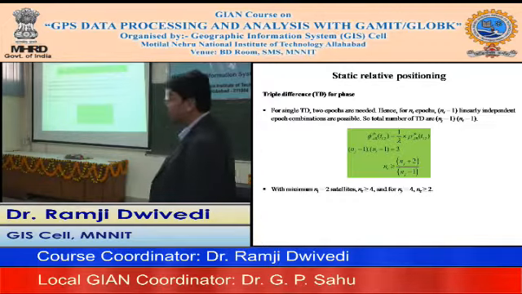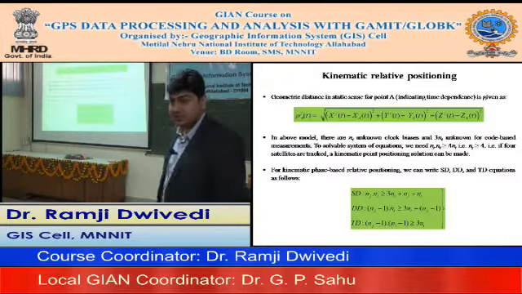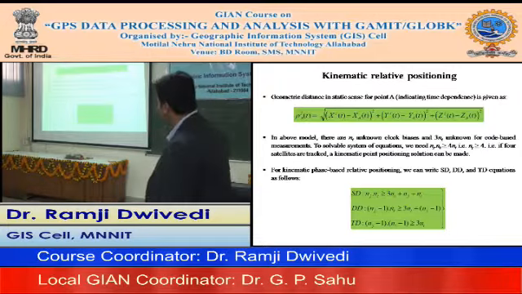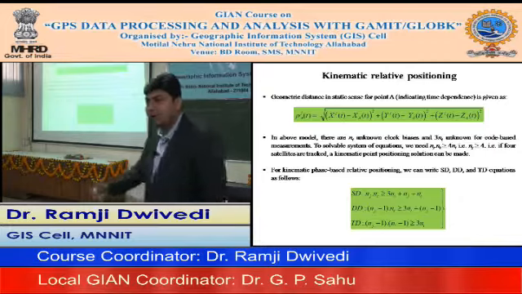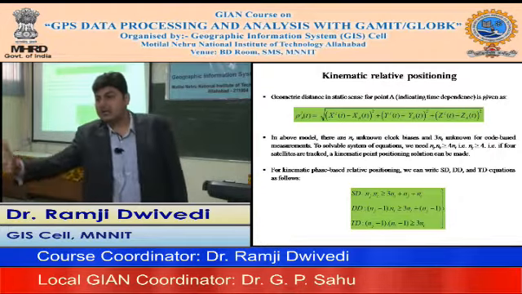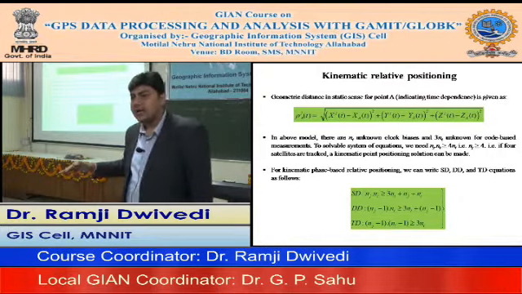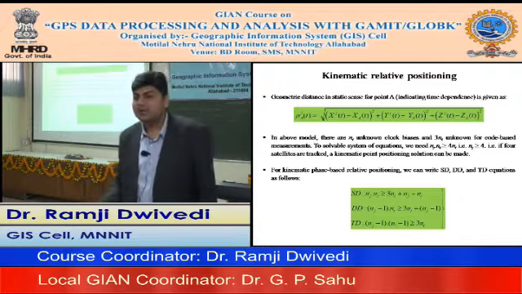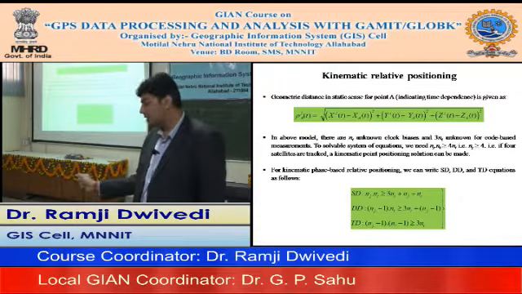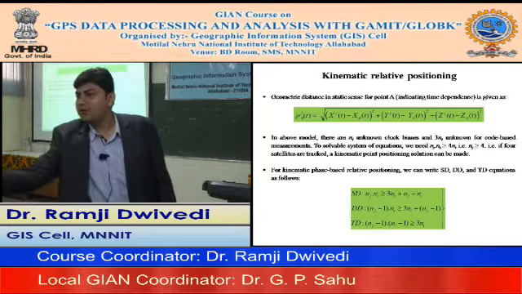Okay, so what if you have kinematic observations? It's very straightforward, you don't need to worry. Only the unknown term changes, as for every epoch you are moving ahead. Let's say you are in a vehicle and you want to take 10 epochs of data; you are actually working on 10 positions, one for every epoch.